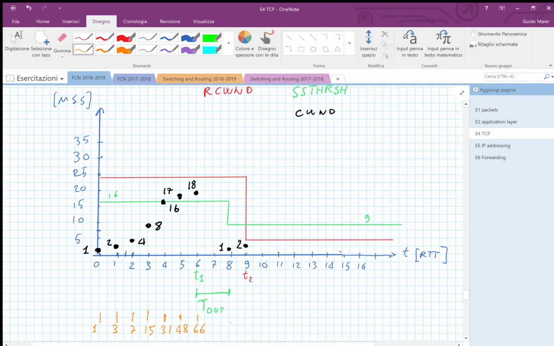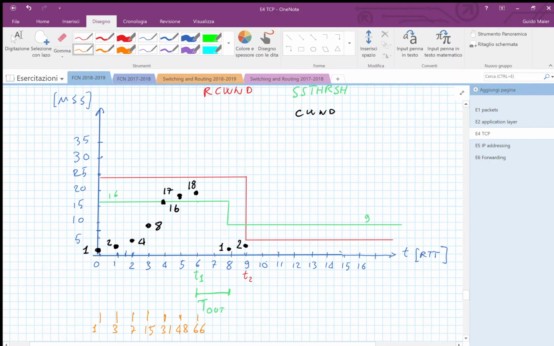Then here, be careful because when we are here at the time t equal to 8, this is not a new segment. We are retransmitting the segments that were lost, okay? Because in TCP, you know that we have the retransmission. So we don't have to go on with counting the segments that have been already transmitted.